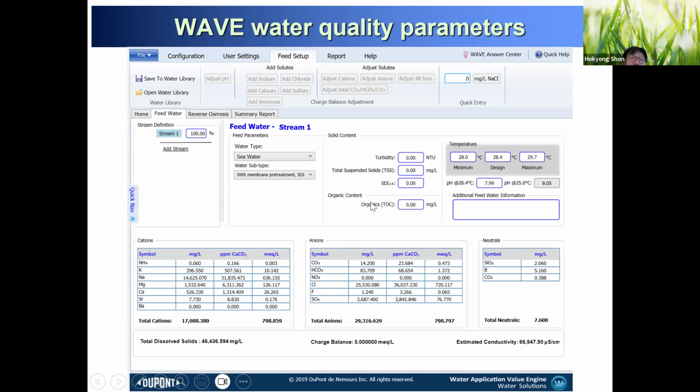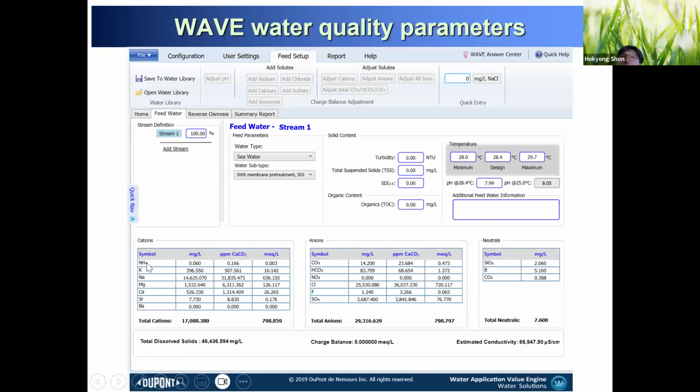So you can provide all the necessary water parameters. Also, you need to put in all the water quality: what's the sodium concentration, what's the calcium concentration, what's the magnesium concentration. It's available in the appendix, so you put the data inside your scenario.